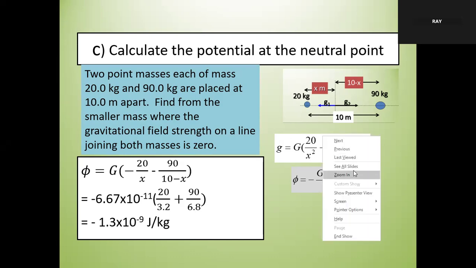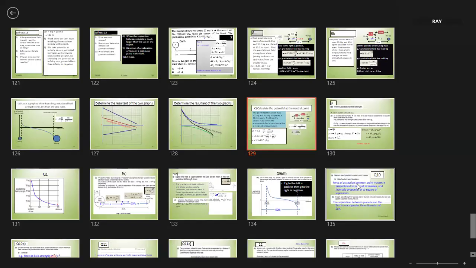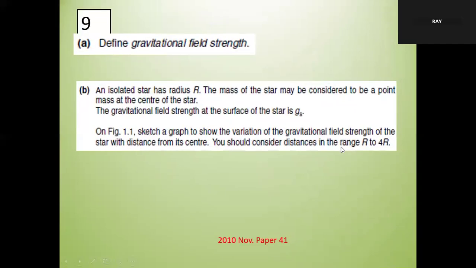Okay, let's try some past paper. This is 2010 November, paper 41, number 9. Define gravitational field strength: force per unit mass. An isolated star has a radius r.